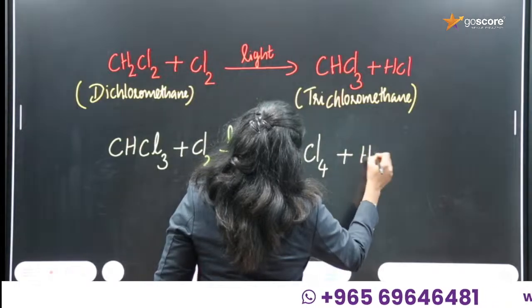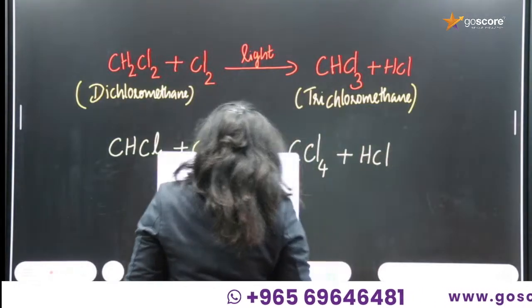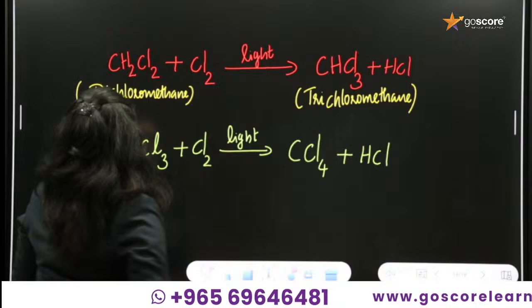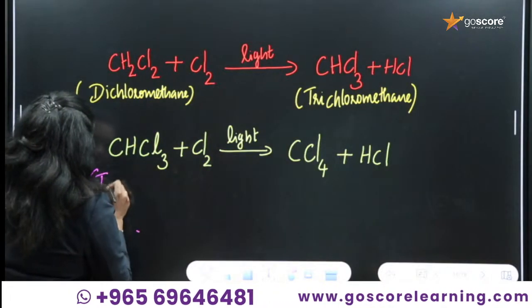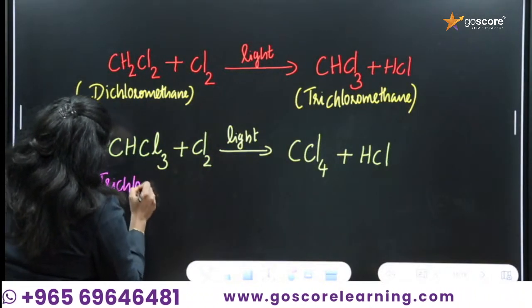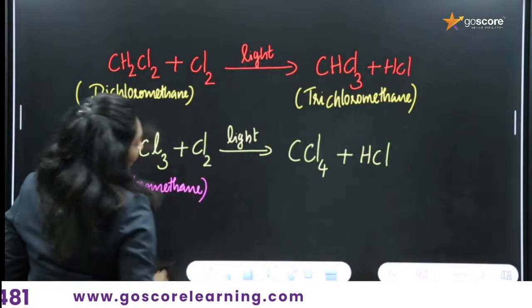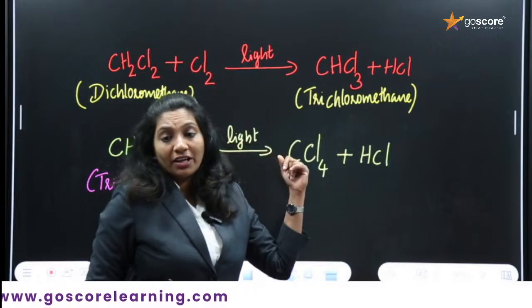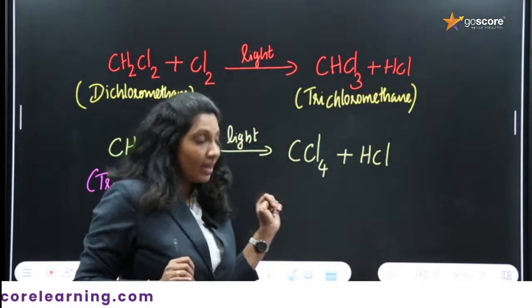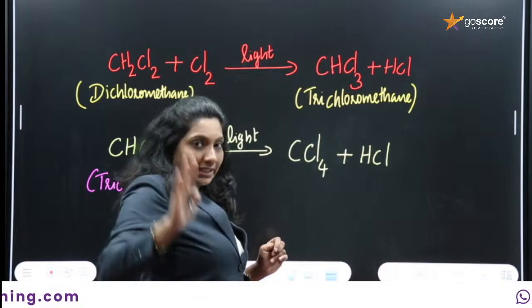CCl4 plus HCl. Okay. So what is this? This is trichloromethane. And what is the CCl4? We have 4 chlorine, right? So 4 means tetra.